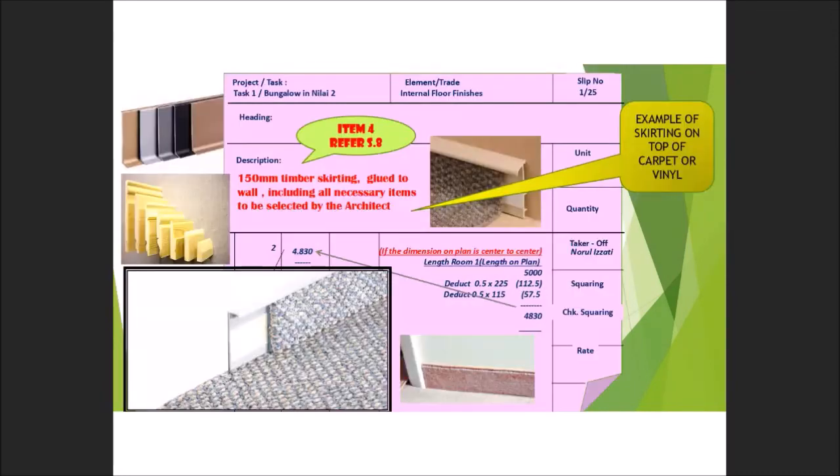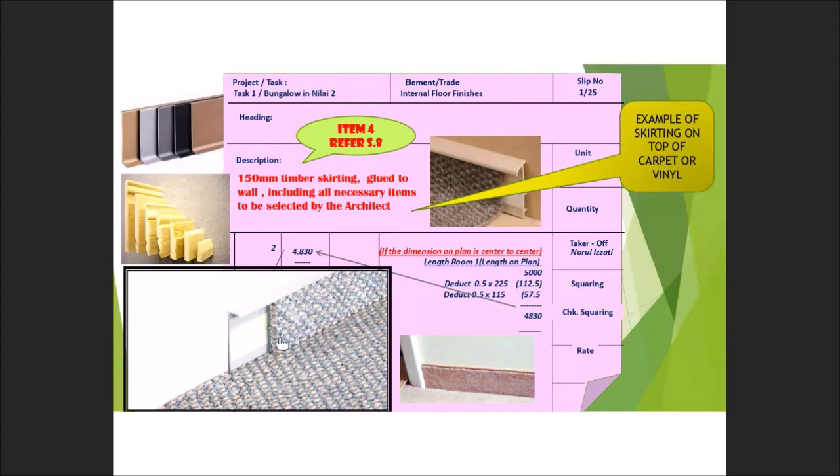Right, I also give you an example here for the timber skirting that is using glue. Okay, for this one, the glue does not have to be measured separately. Glued to the wall, including all necessary items. This is an example of the timber skirting, and this is an example for the timber skirting as well.